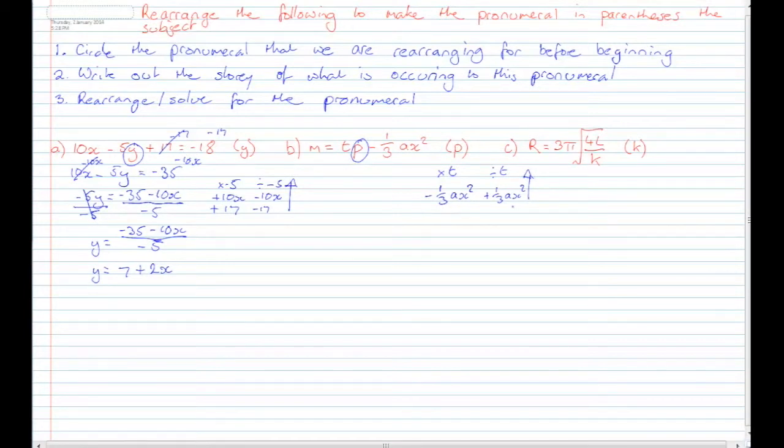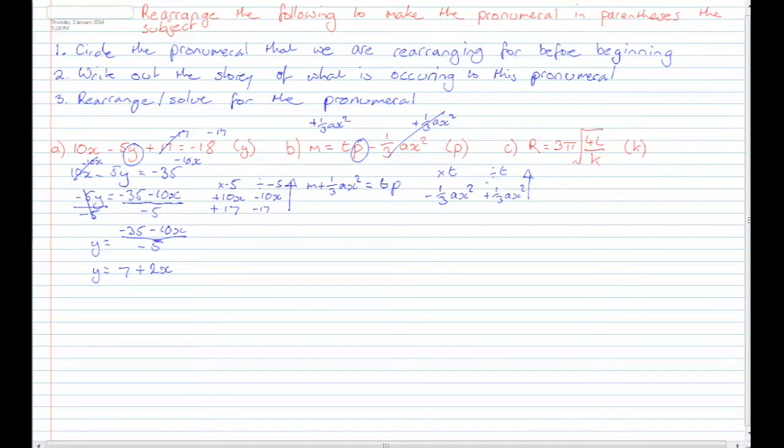Alright, so let's go through and do that. Plus 1/3 ax squared, plus 1/3 ax squared. Delete both of those, so you end up getting m plus 1/3 ax squared is equal to tp.